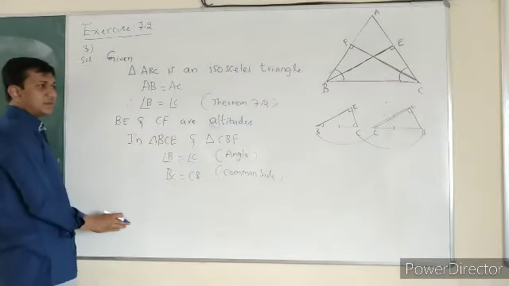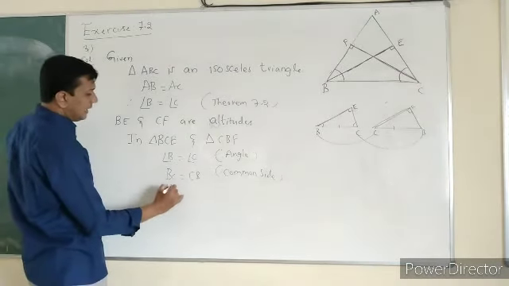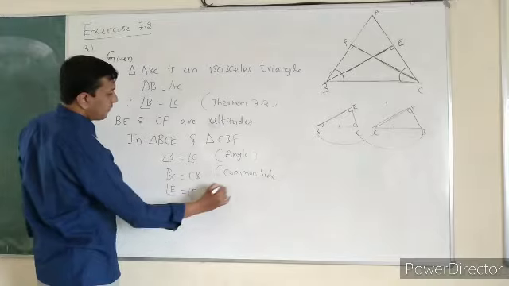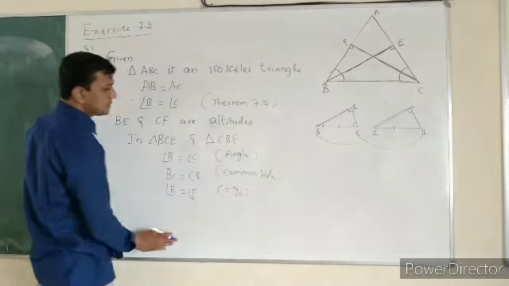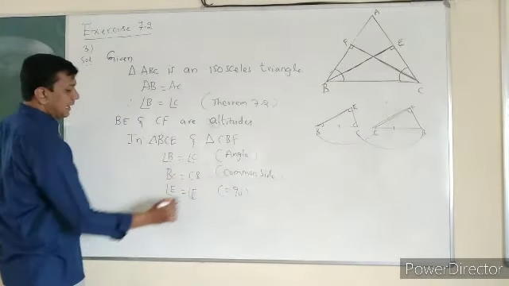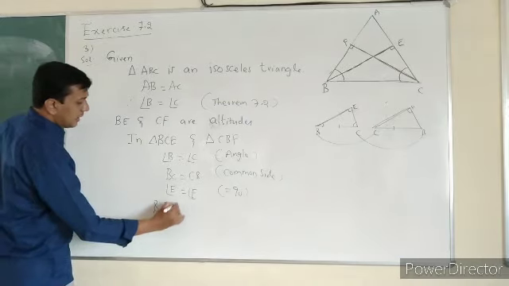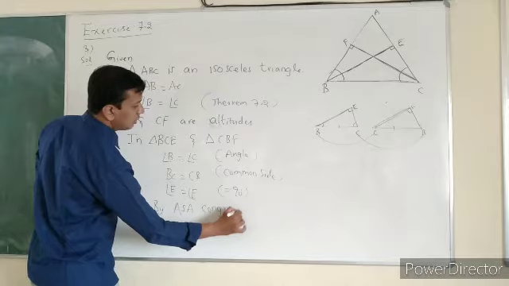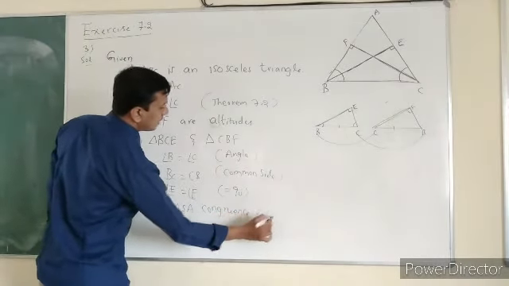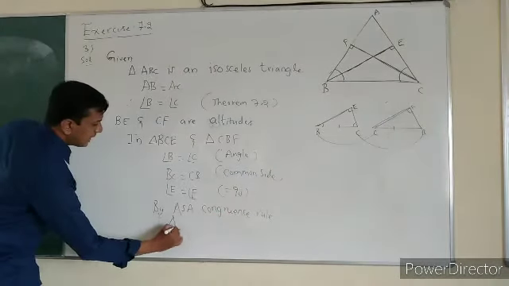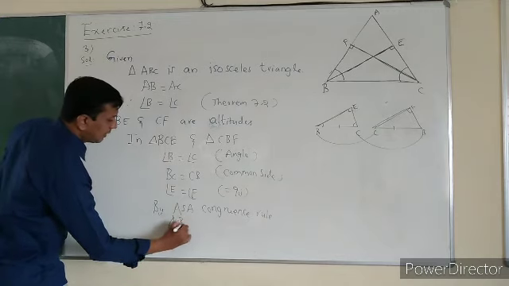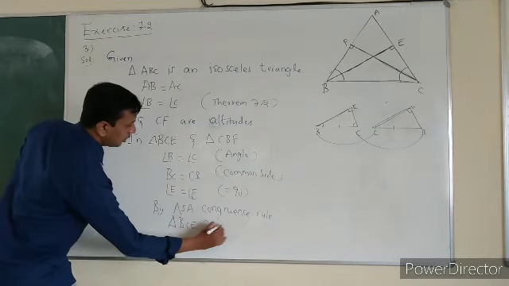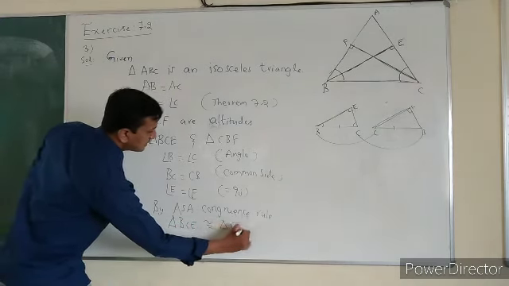BC is equal to CB, common side, and angle E is equal to angle F, equal to 90 degrees. By angle side angle, by ASA congruence rule, we can say that triangle BCE is congruent to triangle CBF.